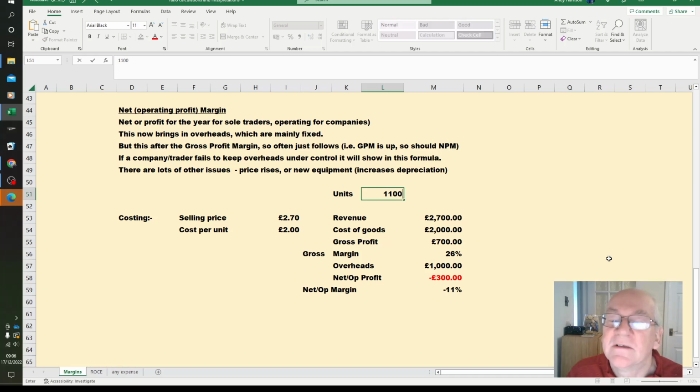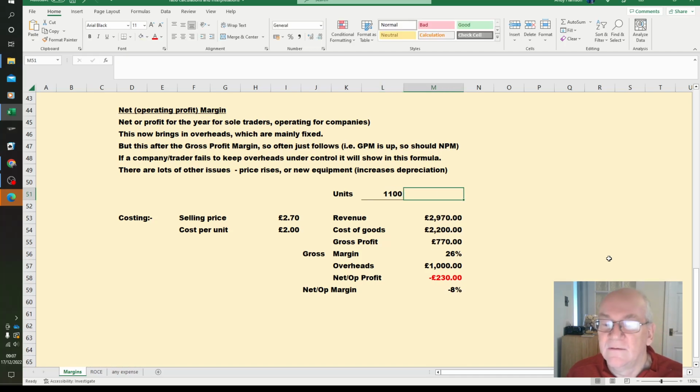See what this does. Oh, not good. Still not good. Still a loss. And of course the gross profit margin is still lower. So it would actually take more than a 10% increase in sales to compensate for the 10% loss in selling price in revenue. Something quite big actually to get back to where we were.